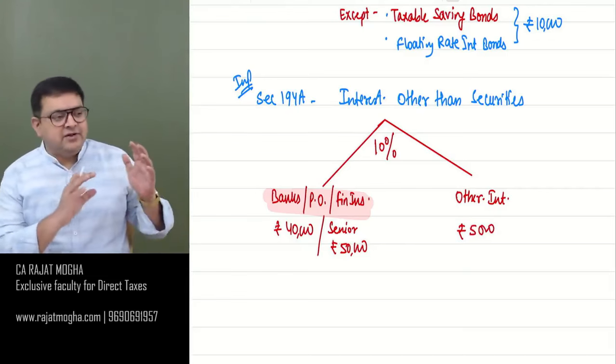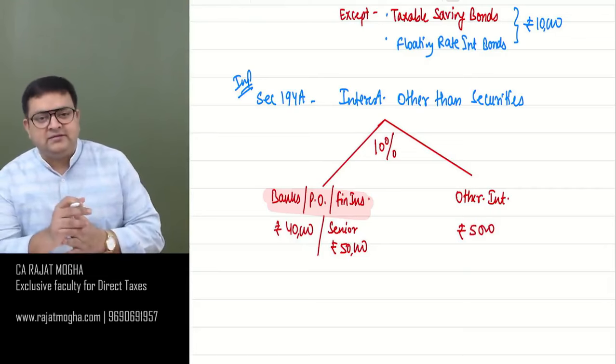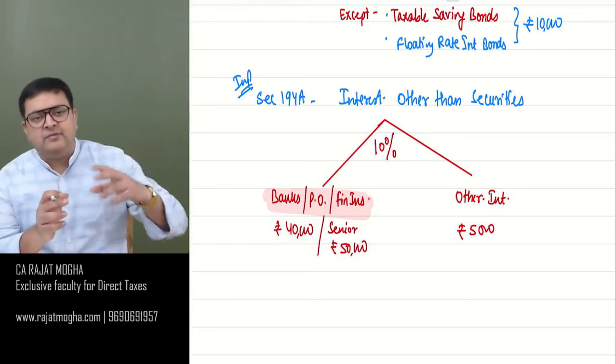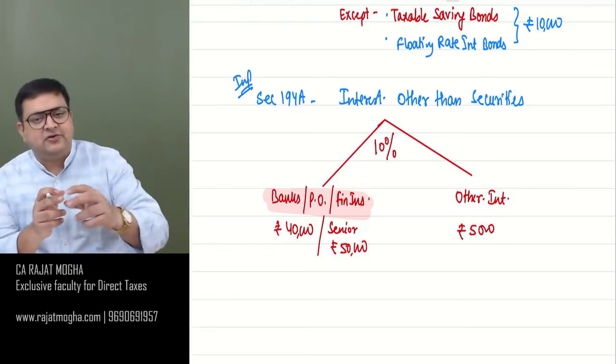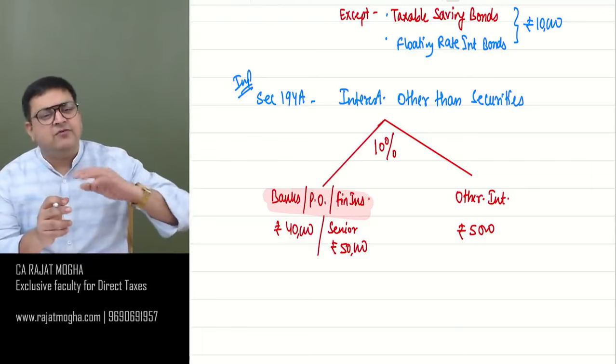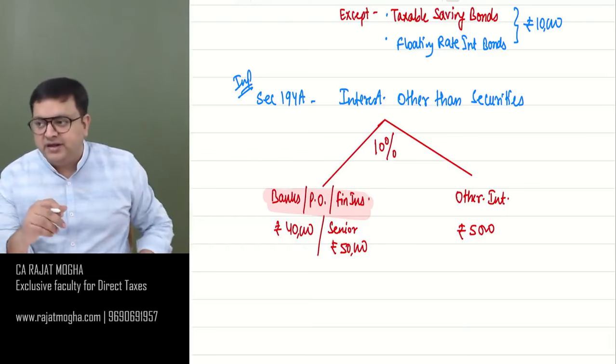So let's say you have given a loan to the firm. That firm will deduct TDS if they are giving you interest more than 5,000. So in the entire amount, let's say in a year, they are giving you 6,000, then on 6,000 they will be deducting 10% TDS. If they are giving you 5,000 only in the entire year aggregate, they will not deduct TDS. Understood?